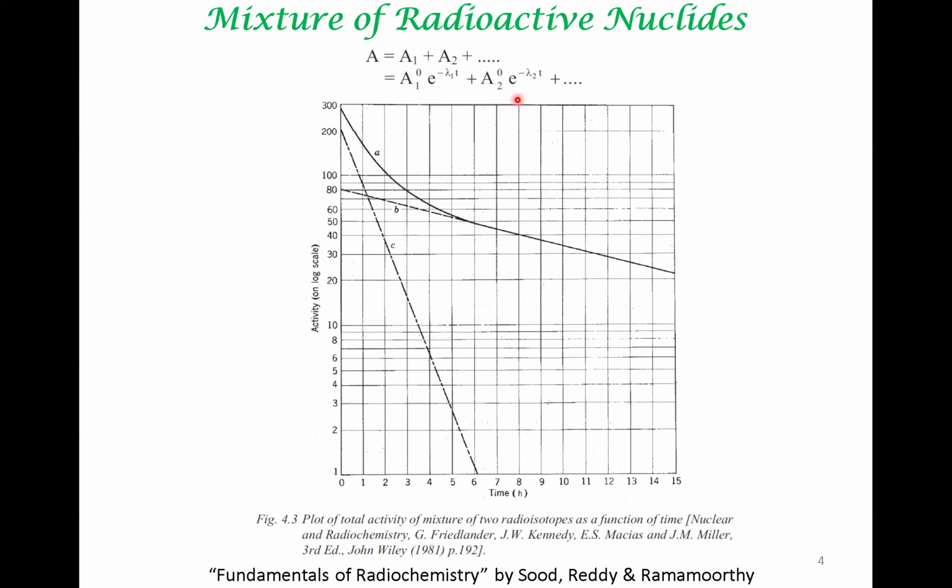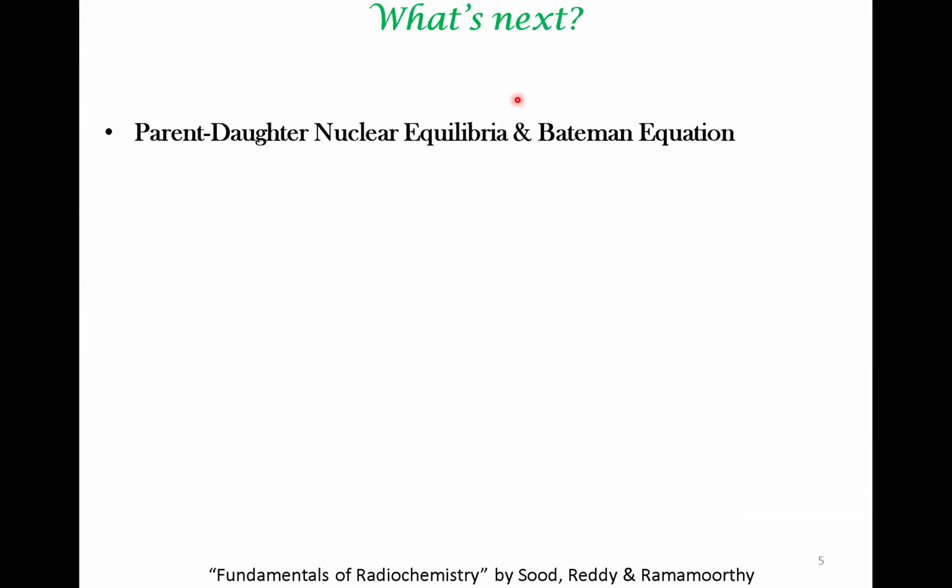So this is all very realistic because that's the way nature behaves. It is not just one pathway that is active, but typically the radioactivity may occur via more than one pathway.